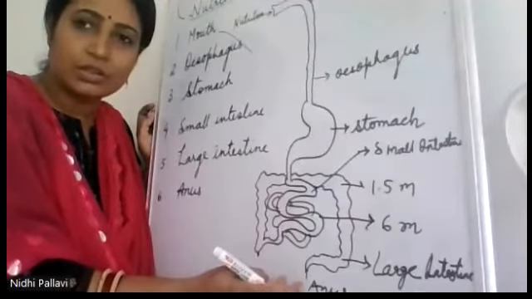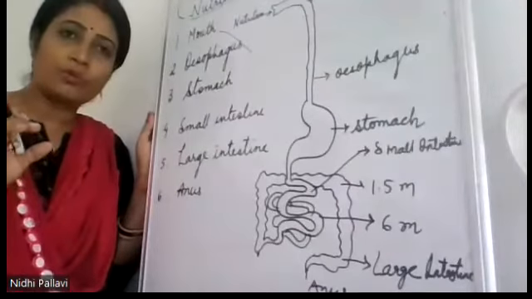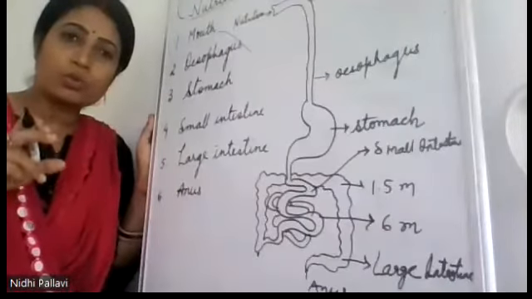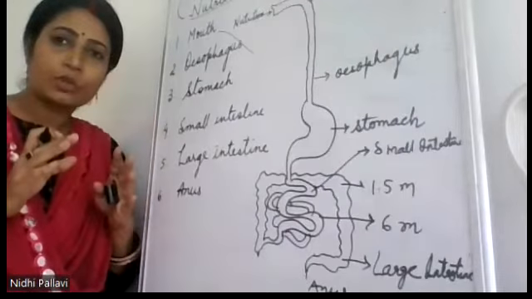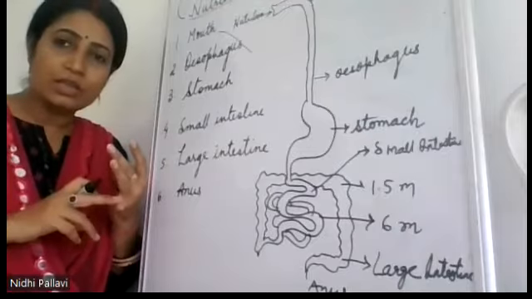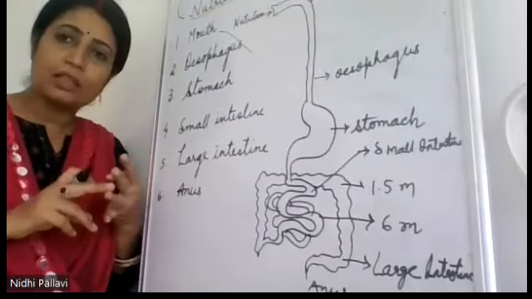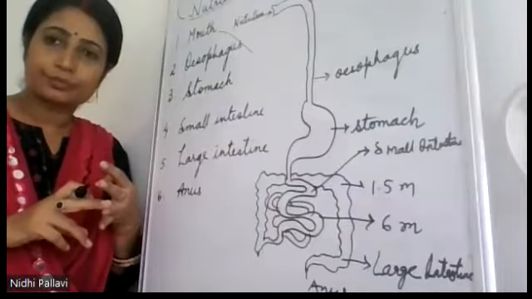Ejection is there. So nutrition in human beings, the holozoic mode of nutrition, consists of four main processes: ingestion, digestion, absorption, and at the last is ejection.